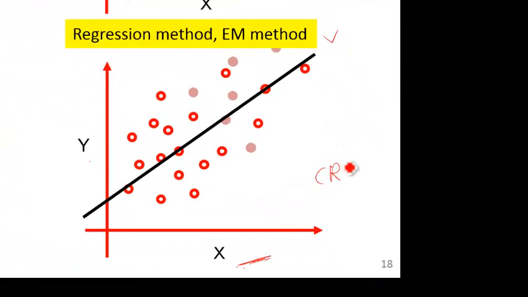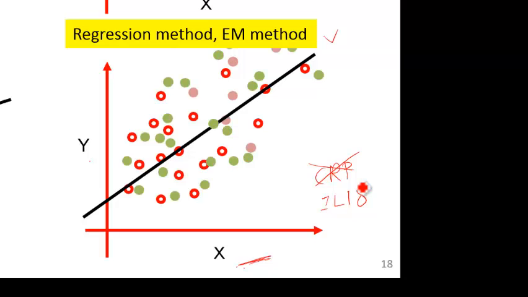So you are not observing CRP, but you may observe IL-18, the other marker value. Or IL-6. Let's change it to IL-6.